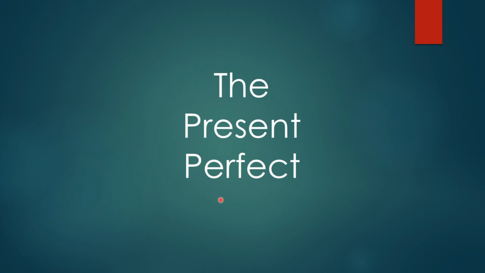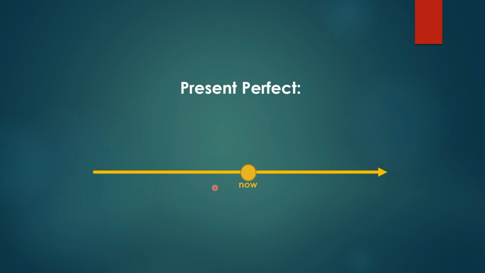Well, next tense, the present perfect. Well, on a time axis, present perfect happens in the past. But the difference between present perfect and past tense is that there's always a link to the present time.